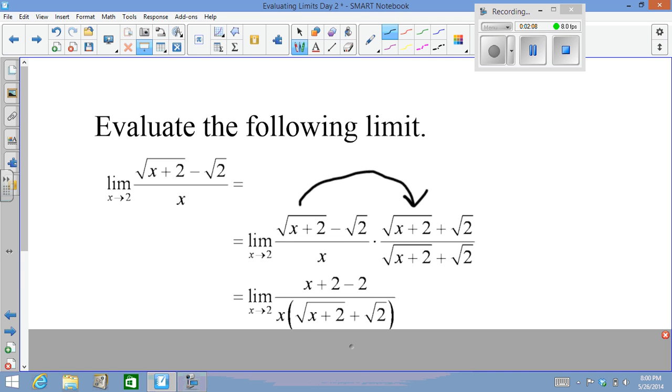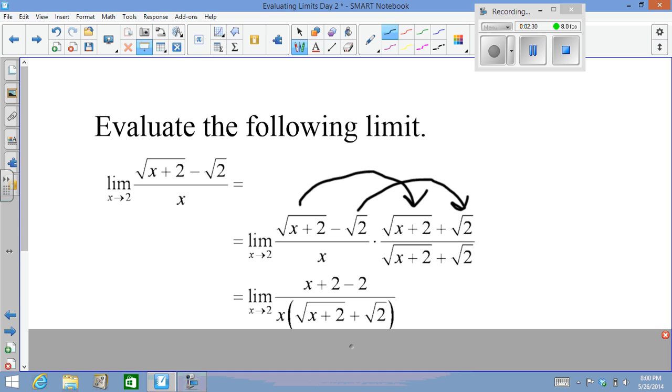And when I multiply the outside and the inside, they're going to cancel out because I have 2 times the square root of x plus 2, and then minus 2 times the square root of x plus 2. And then I end up with negative 4, well, the square root of 4, which is plain 2. So that gives me x plus 2 minus 2 all over x times that denominator.